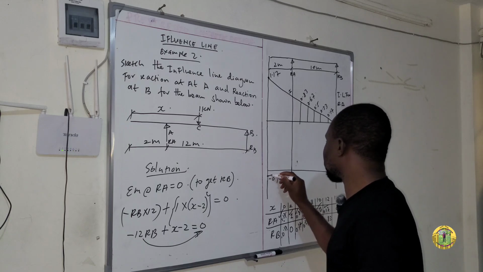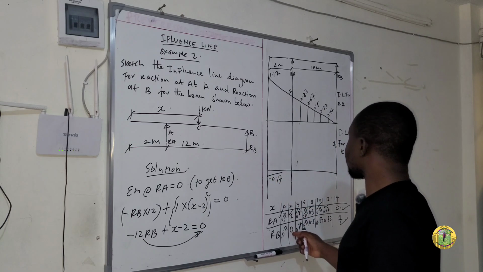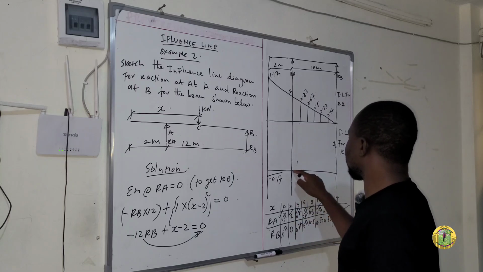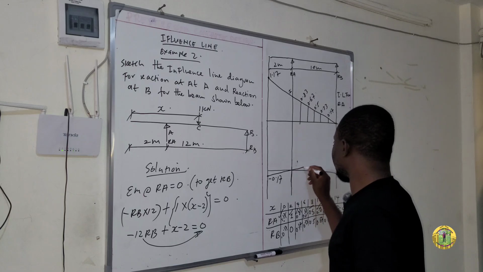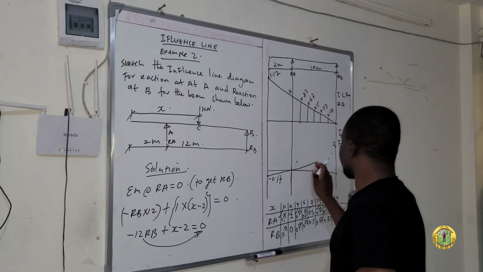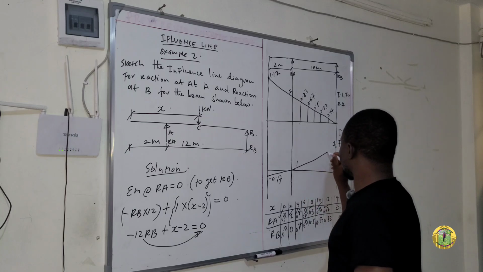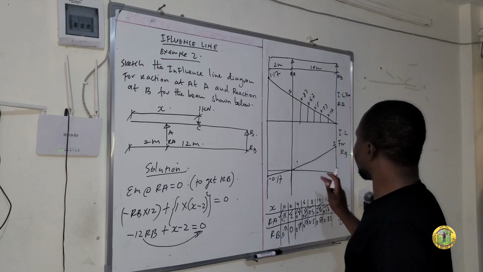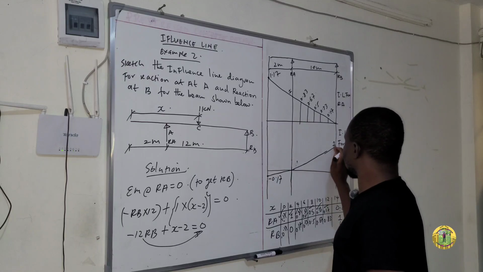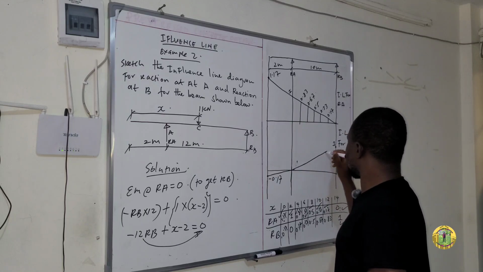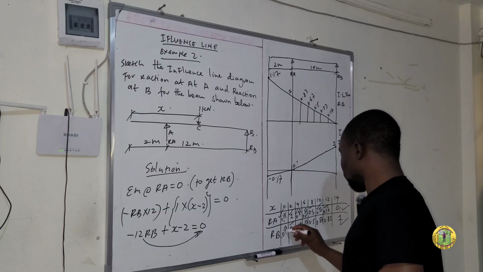And then you'll join these two. And then here is 0. At 2 meters is 0. So here is 0. So it must come through this like that. So here done.